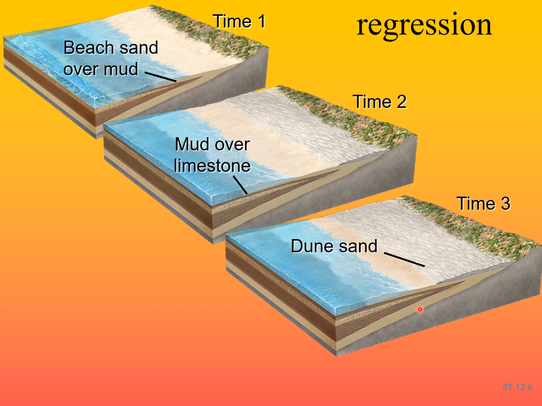So we see the opposite thing happening. Here we've got limestone at time 1, mud being deposited over limestone at time 2, and then sand being deposited over mudstone at time 3. And so we see these kinds of structures in the stratigraphic record. We call these pinch outs, where it comes to a point and then back. Okay? And these tell us something about sea level rise and fall over time.